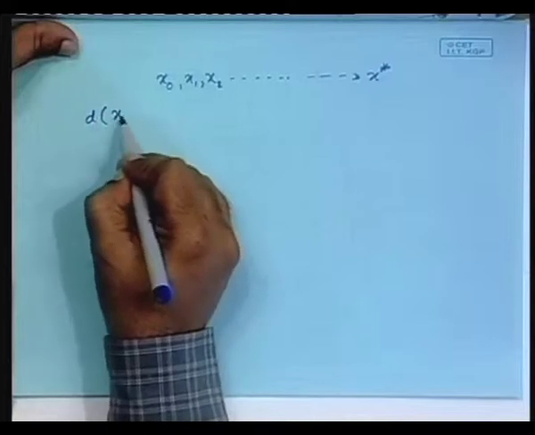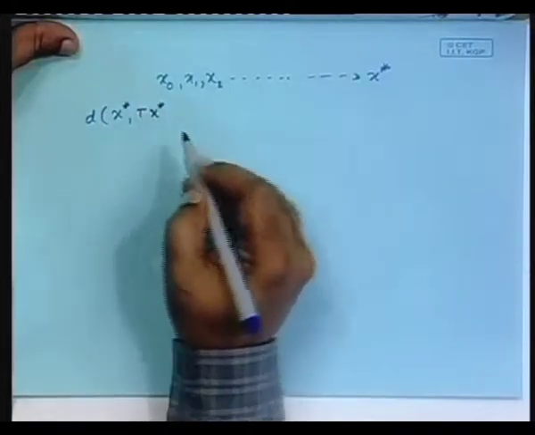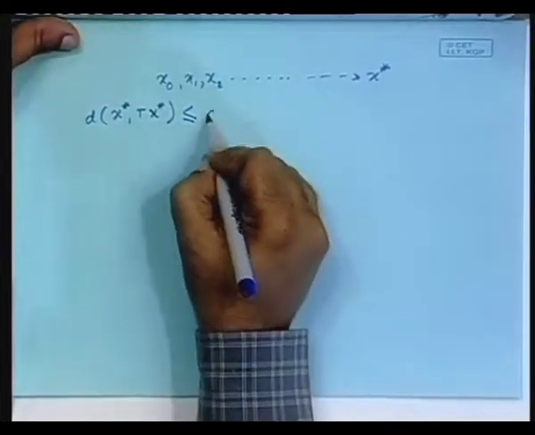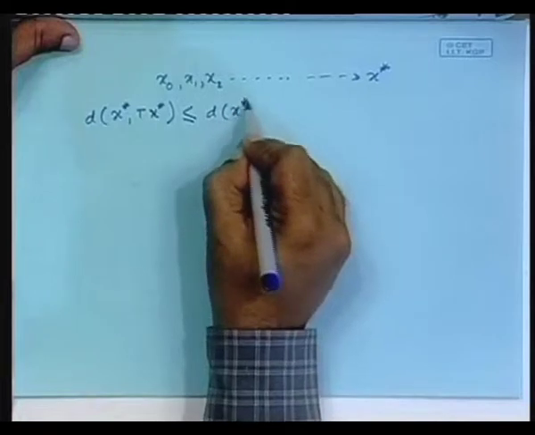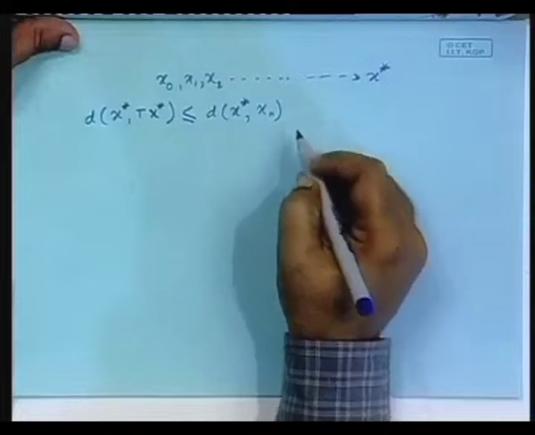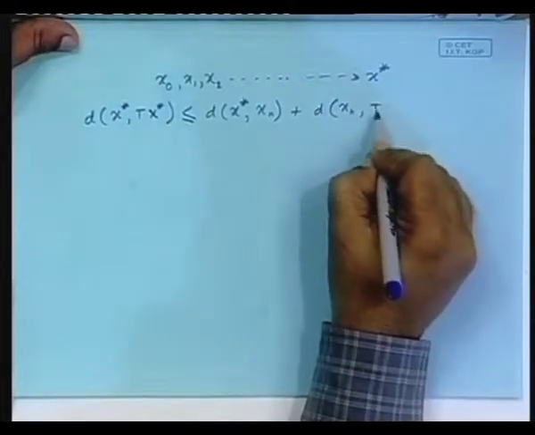Now that comes from the distance between x star and T x star, which must be less than or equal to the distance between x star and some element x n, plus, by the triangle inequality, the distance between x n and T x star.